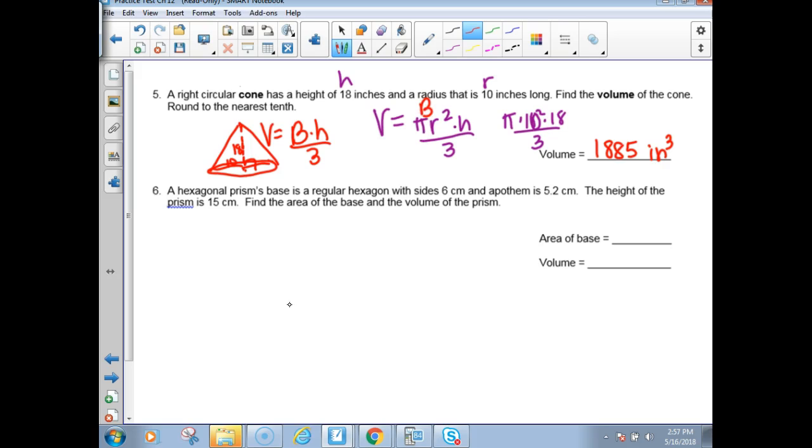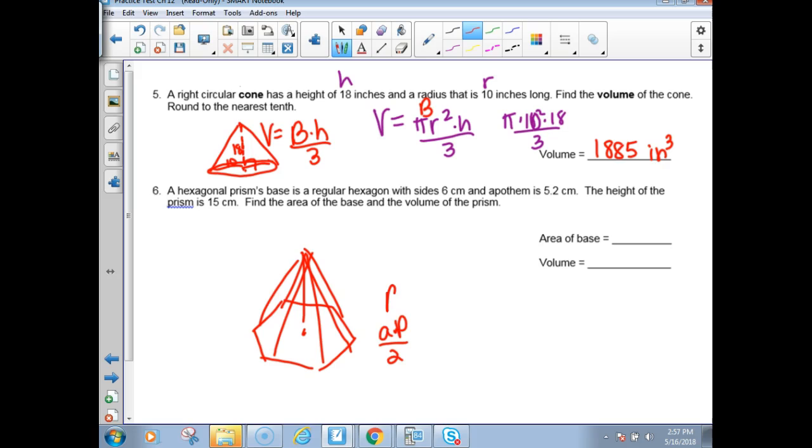Unfortunately, even if you're doing a regular, say, base, regular pentagon, or this is actually a hexagon, and you had to do this pyramid, oh my goodness, and we're going to come across that today, then you would have to do the area of a regular polygon, which is apothem times perimeter divided by 2. So that's your big B. And then you'd have to multiply by the height.